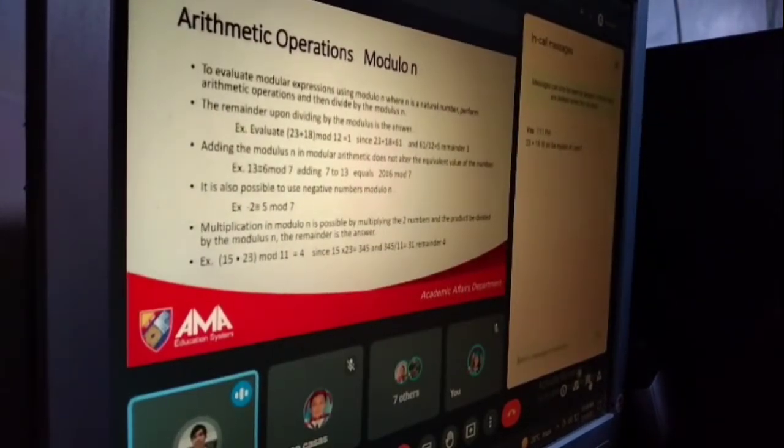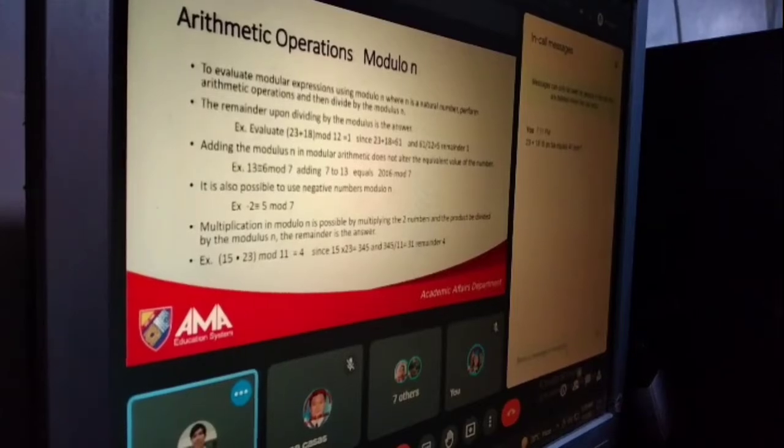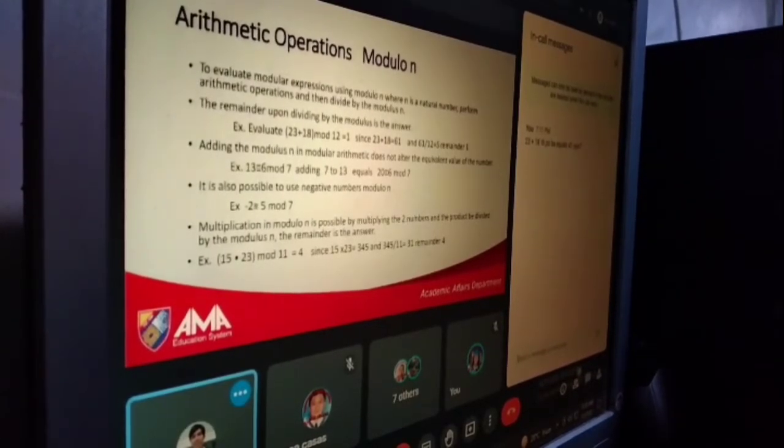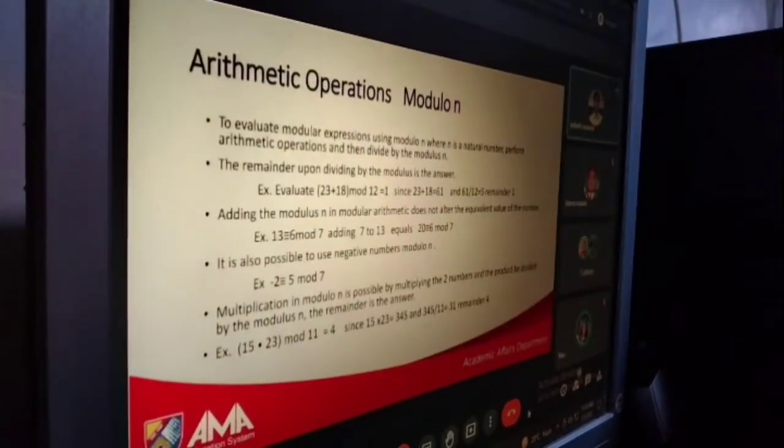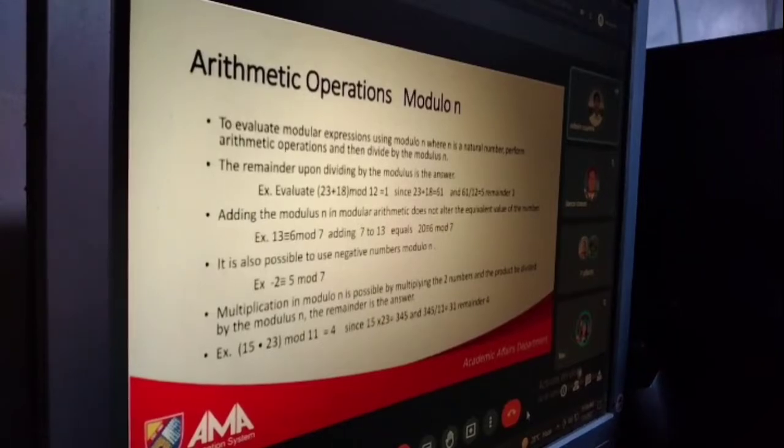Ano ang magiging sagot natin? 5? 41 kasi. Tama ba? 5? Kasi 36, 3, di ba? 41 divided by 12 is 3. Ang remainder natin will be 5. Okay. 5 ang sagot dito. Mali yan. Mali itong nasa module ninyo.